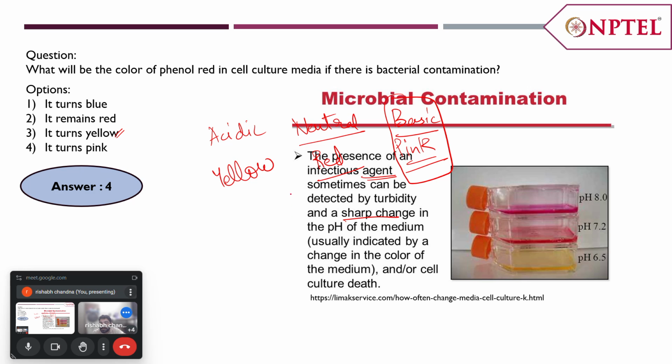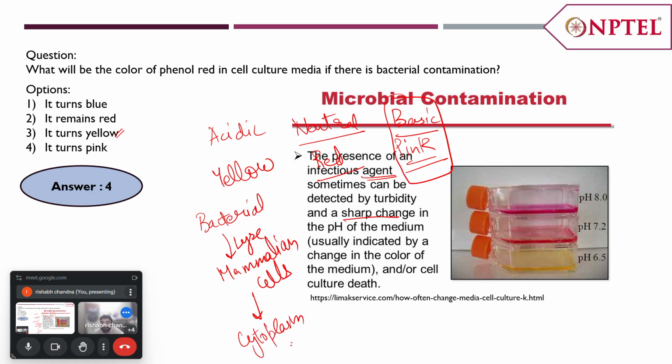When there is a bacterial contamination, the bacterial cells basically lyse the mammalian cells, leading to release of all the cytoplasm components in the media. That changes the pH of the media from 7.2 to 7.4 to nearly 8.